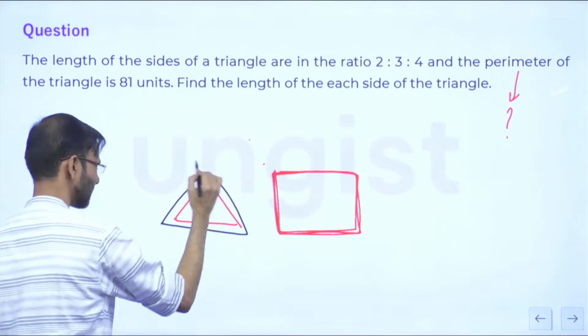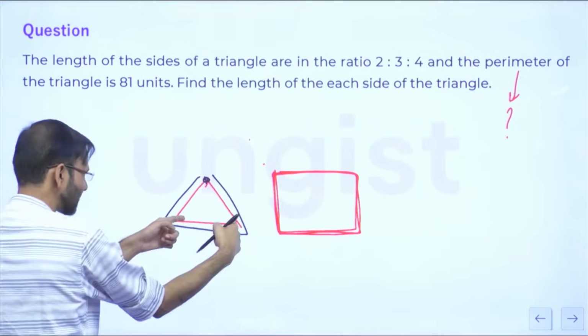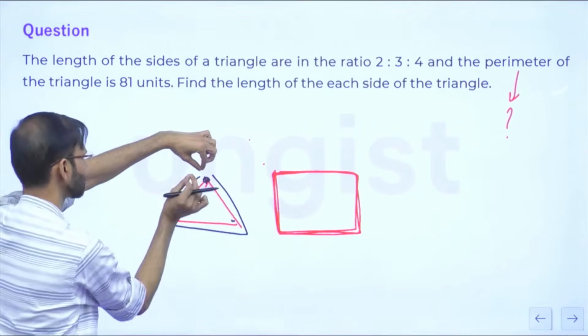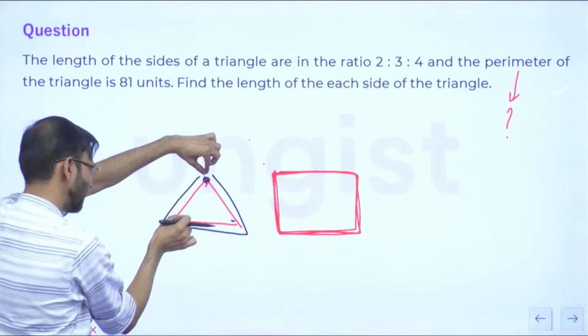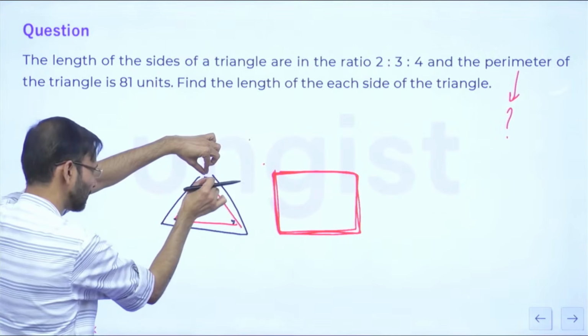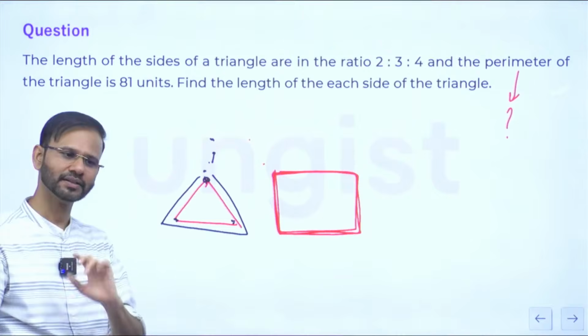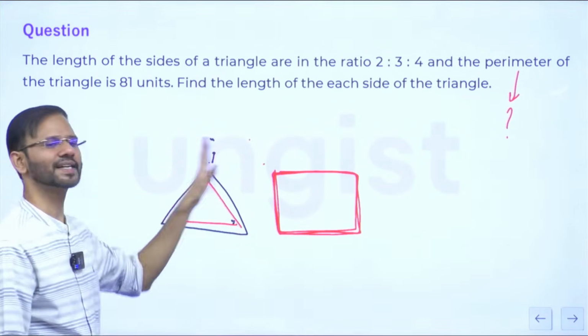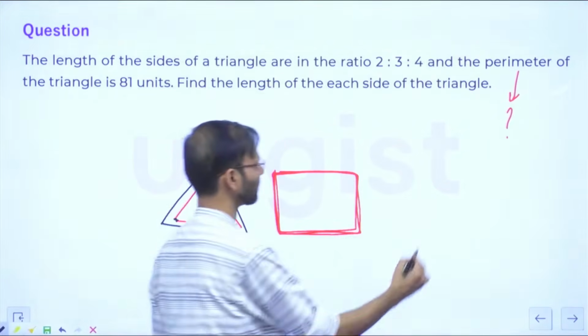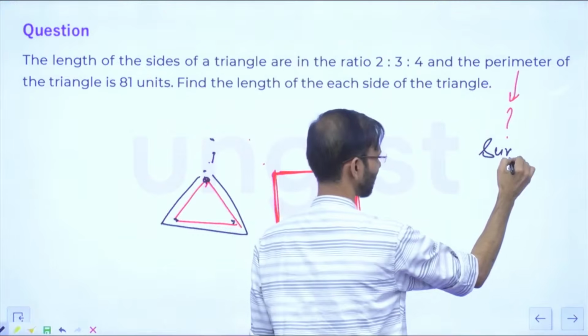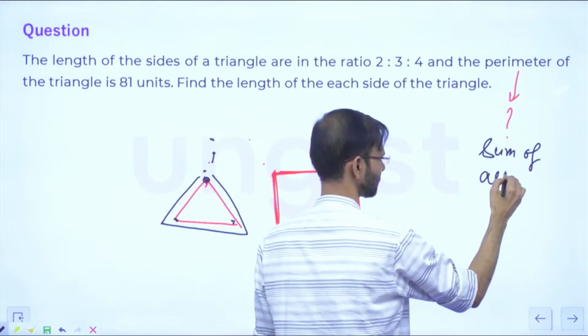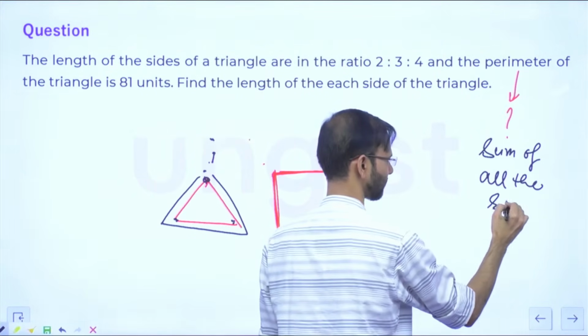So this will be the perimeter. I mean this side plus this side plus this side. Suppose that you have just fixed one string and just do this and do this and do this and then open that. Getting it? Right. So perimeter means the sum of all the sides. Right, everybody? Sum of all the sides.